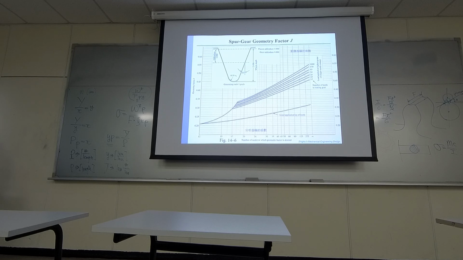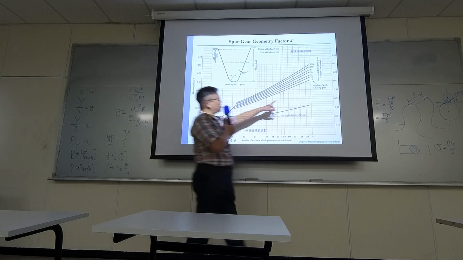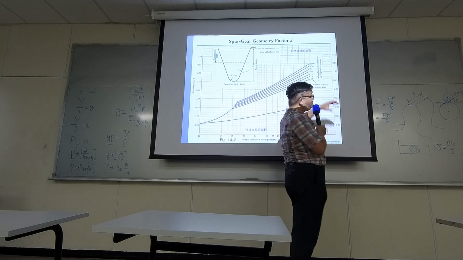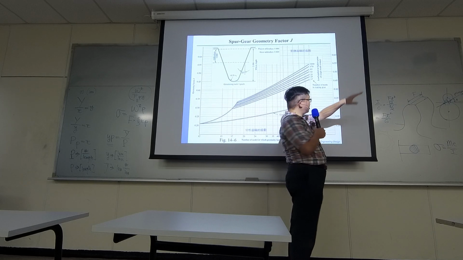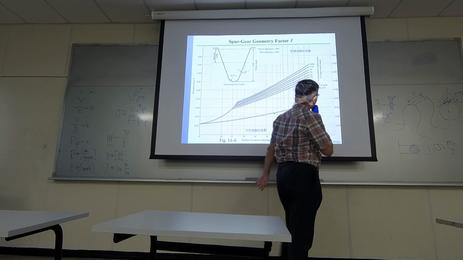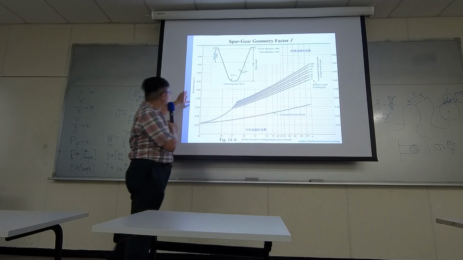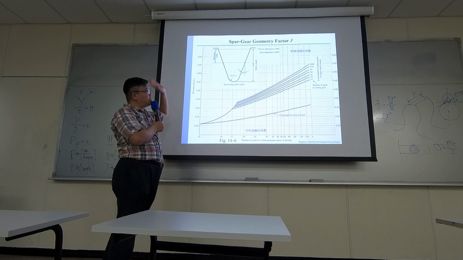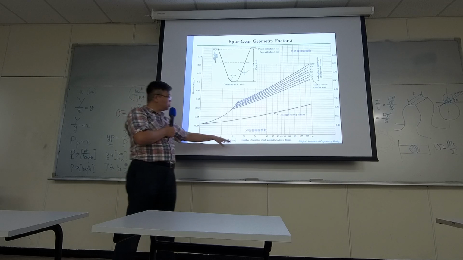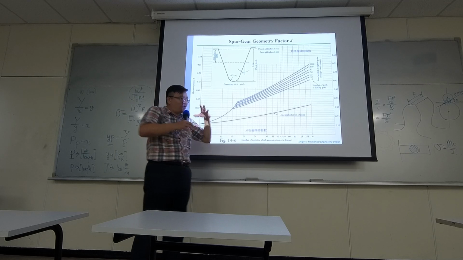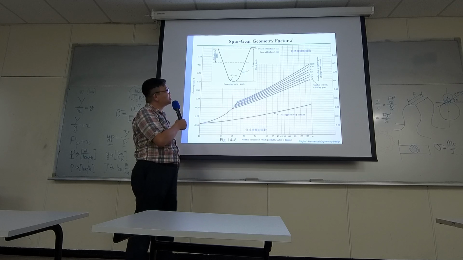So over here at the bottom is the number of teeth that you are analyzing, and the numbers right here are the number of teeth for the neighboring gear, the mating gear. So this geometrical factor really is related to the number of teeth for the current one and the neighboring one.